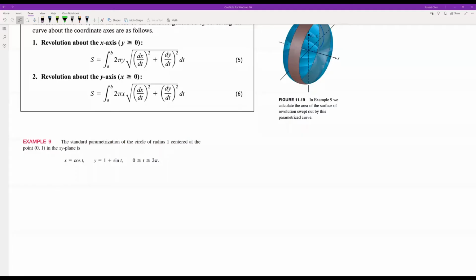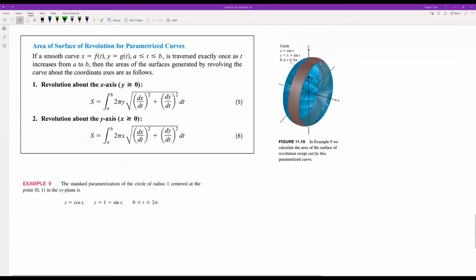So let's take a look at an example together. Example 9: the standard parametrization of the circle of radius 1 centered at (0, 1) in the xy-plane has this parametric equation, x equal to cosine t and 1 plus sine t for y. We want to use this parametrization to find the area of the surface generated by revolving the circle about the x-axis.